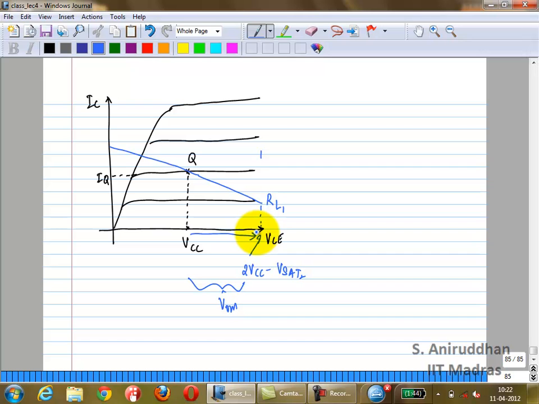Correct? What is this? This will be the maximum current swing. You are at bias quiescent Q. You will get a swing of some IO hat. What is that given by?